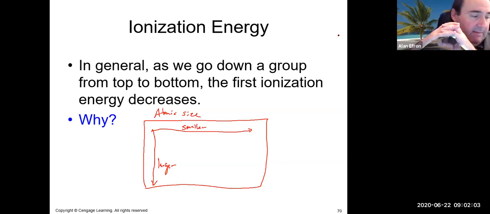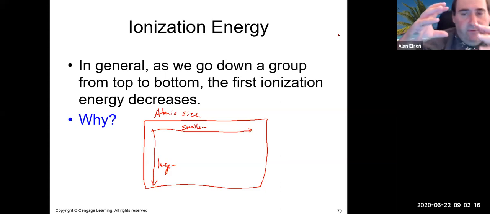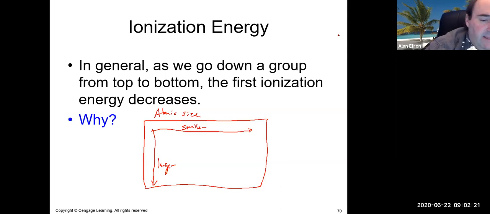And that means it's going to be a lot harder to remove those electrons because they are closer to the nucleus. As opposed to if you go to the left and down, the overall size of the atom is larger, which means those outer electrons are further away from the nucleus. They're not being held as tightly by that nucleus, and they're easier to remove.